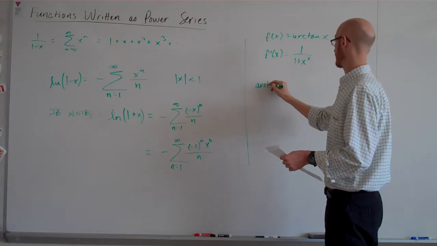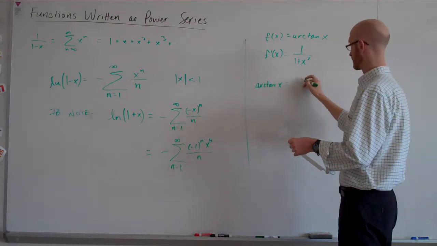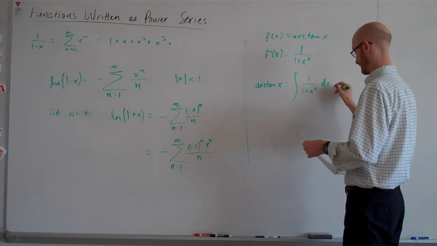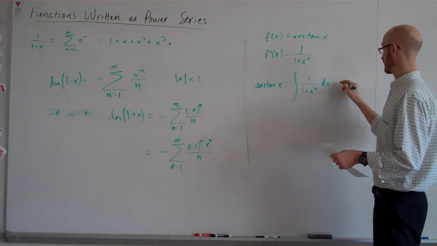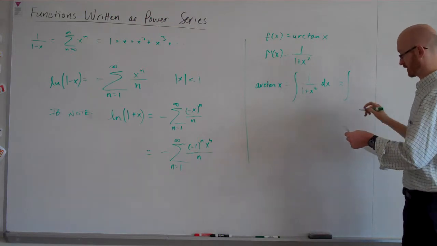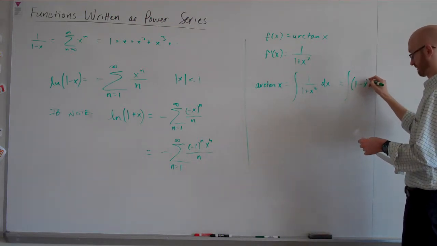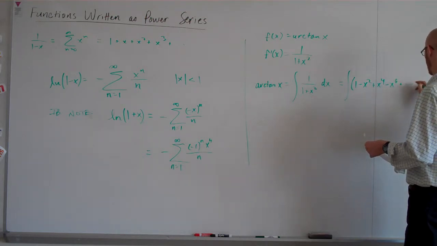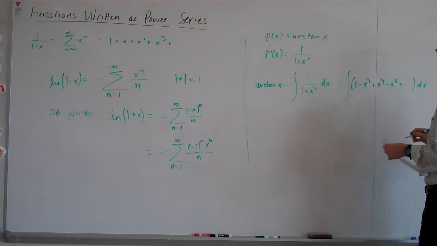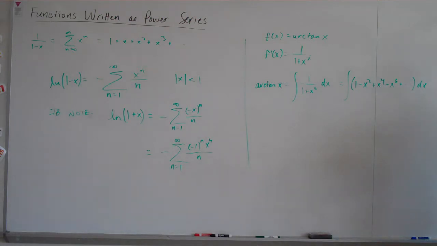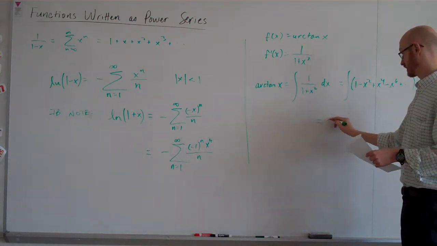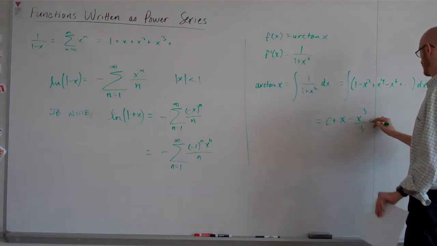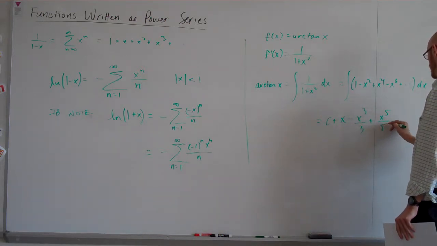So arctan will equal the integral of this, which will be a constant plus x minus x cubed over 3 plus x to the 5th over 5.